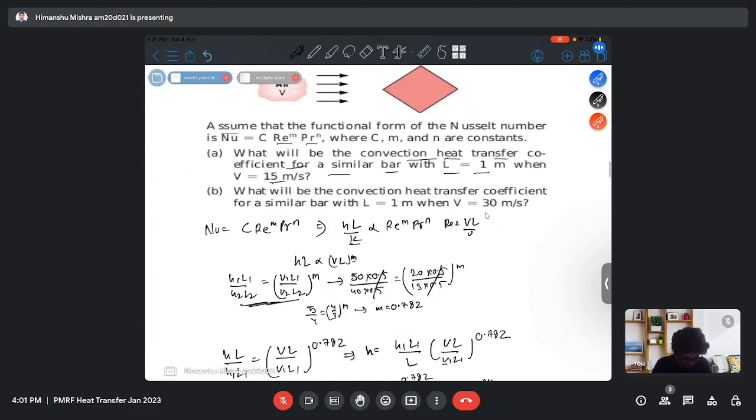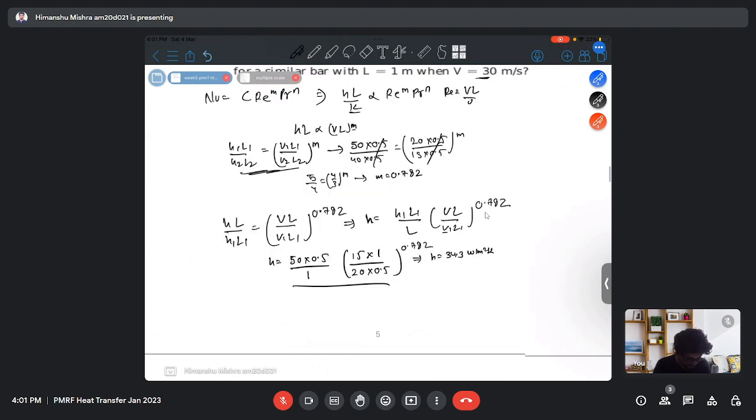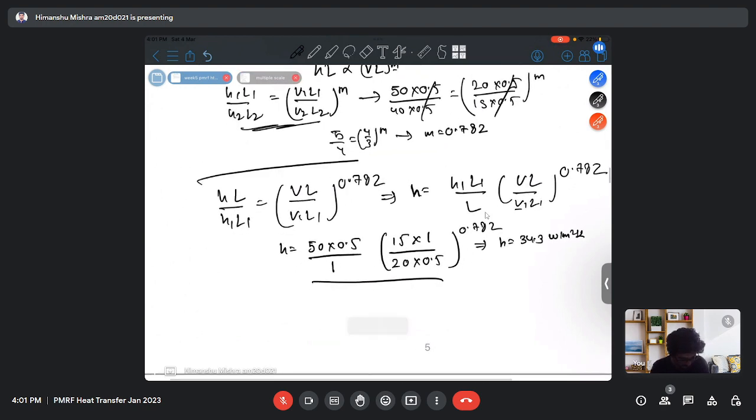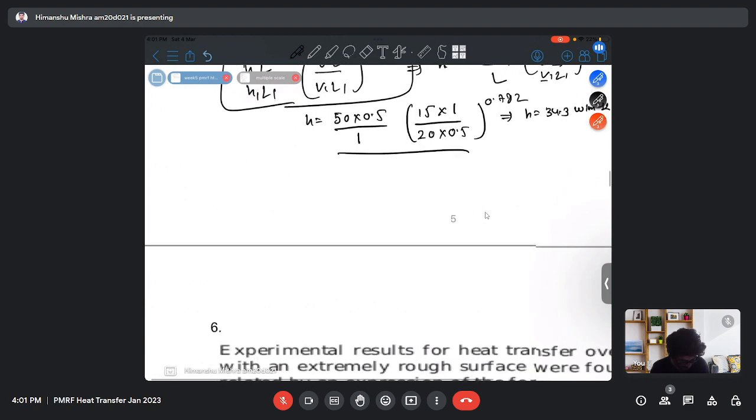So for the next part, we need to find the same heat transfer coefficient but with velocity now changed to 30 meter per second. We will be using the same expression here.